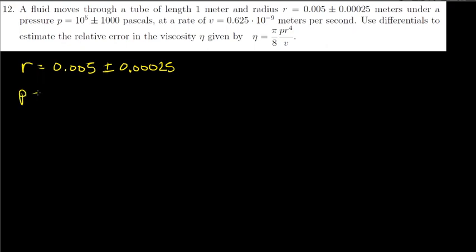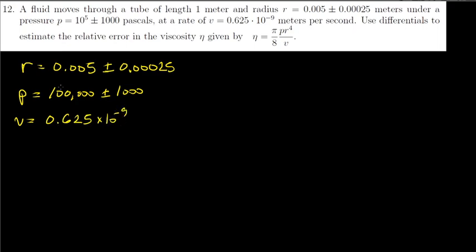Under a pressure P of 10 to the 5th, which is 100,000 pascals, plus or minus 1,000 pascals. And then the velocity v, for whatever reason, we know exactly: 0.625 times 10 to the negative 9.